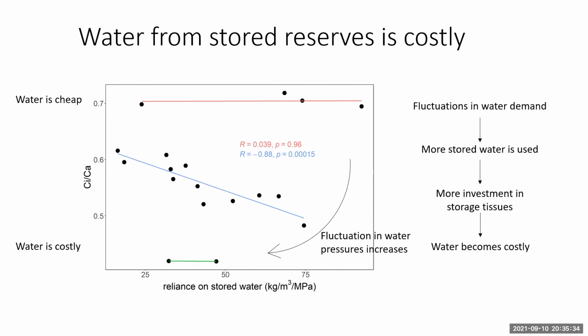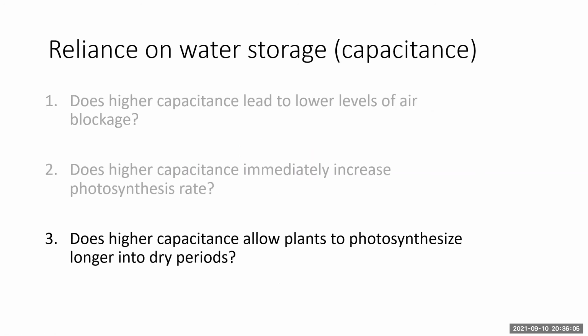Basically, maybe the plants did not really increase their photosynthesis levels, but what these stored reserves helped them do was carry on photosynthesizing even when conditions became harsher, perhaps at the same rates, but just for a longer time. And that's where I could fill in that gap in the analysis with the isotope measurements from the Val Williams Fund, which brings me to my last question for today.